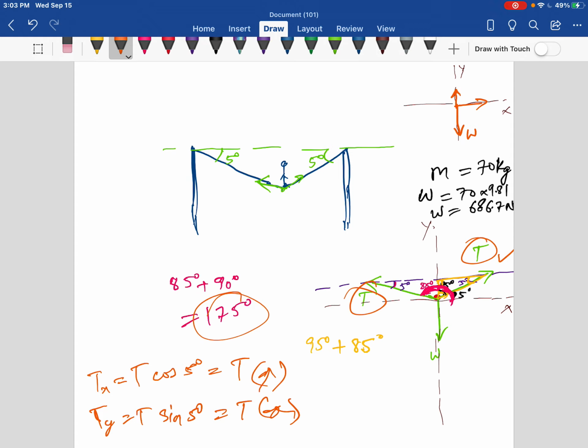Now what about this one? The angle is just 175 degrees, so you have to split this into components. You will get a negative value for the x component, and a positive value for the y component. Okay.